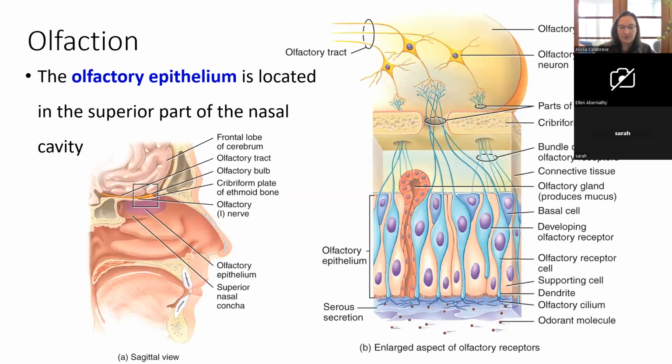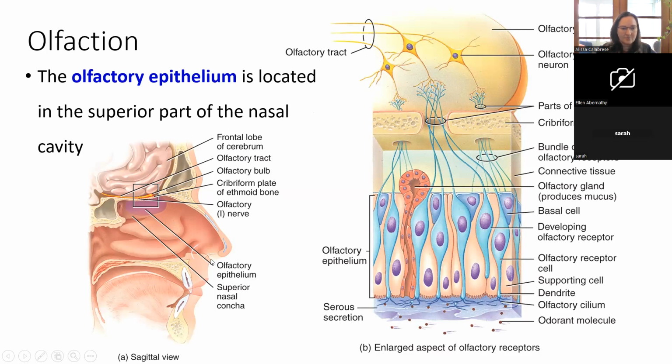Everything else, so when you taste something and it's got a lot of complexity to it, what you're actually doing is smelling it. So your sense of smell is much more sophisticated than your sense of taste, right? You have the ability to smell thousands of things versus just the 5 things you can taste. Your sense of smell, very sophisticated, sits right at the top of your nasal cavity.